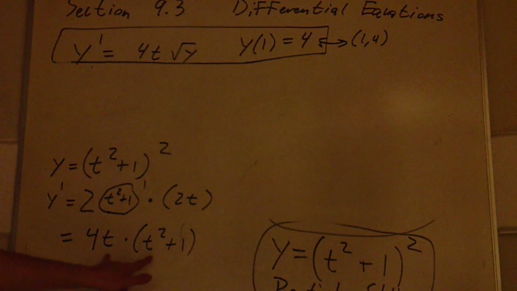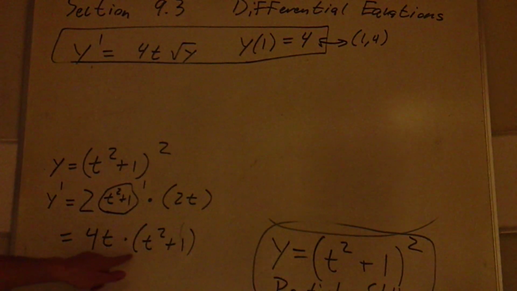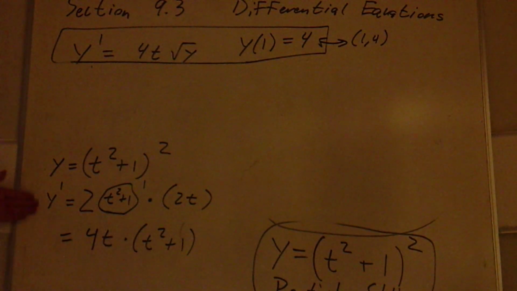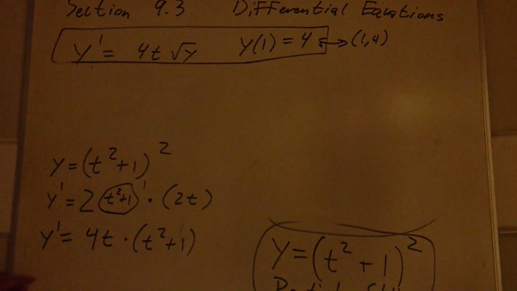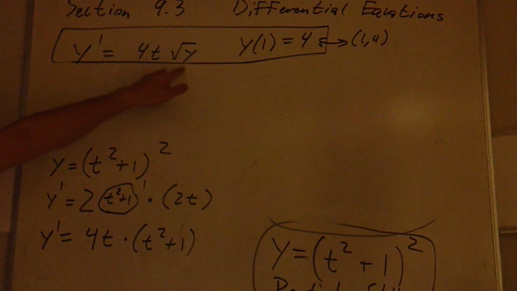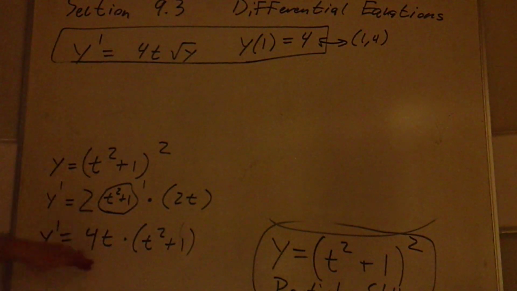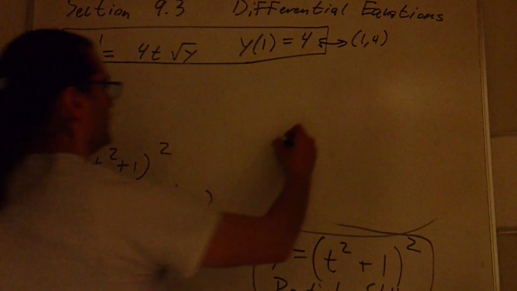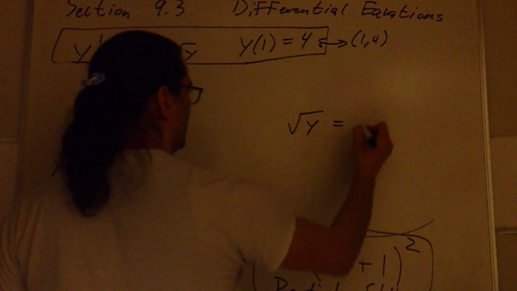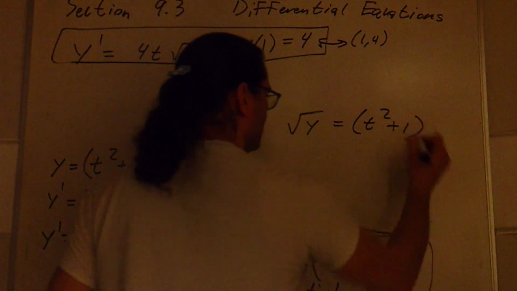And now we can compare. Does this 4t times t squared plus 1, this is y prime, match what I get if I take the square root of y and multiply that by 4t? The square root of y should be t squared plus 1.